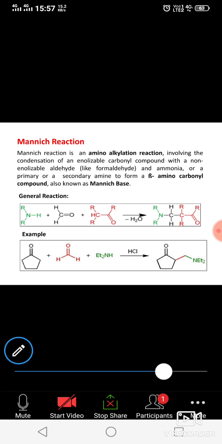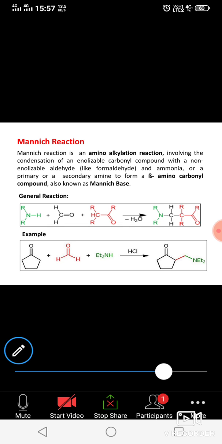So in the Mannich reaction, you have to remember it is an aminoalkylation reaction. It means the nitrogen of the amine functional group will get alkylated, so there will be an addition of an alkyl group. This reaction involves three compounds.